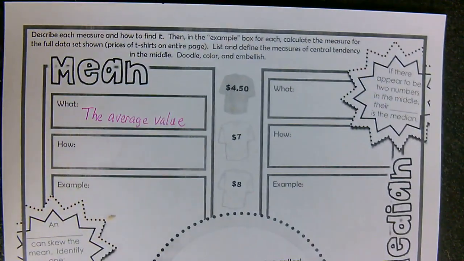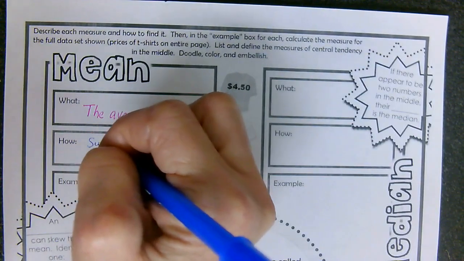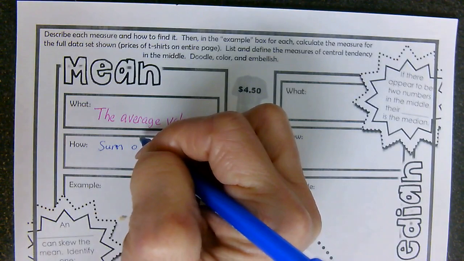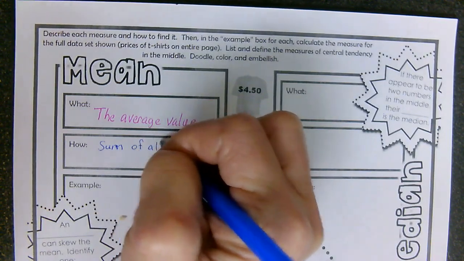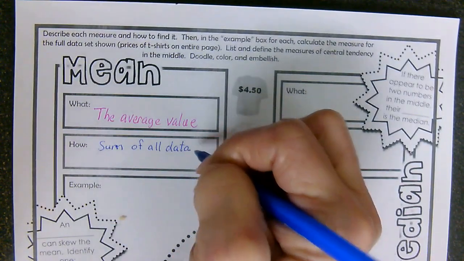Okay? How do we find it? We find it by the sum of all data values.